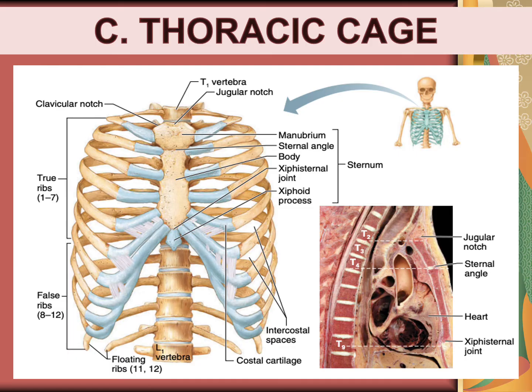Pero yung false ribs, yung mga yan, isa lang yung connection nila. Nagba-branch out lang, pero isa lang yung direct connection nila doon sa sternum. The ribs 11 to 12 are also floating ribs kasi wala siyang connection, no, doon sa sternum. Pero false ribs din sila.